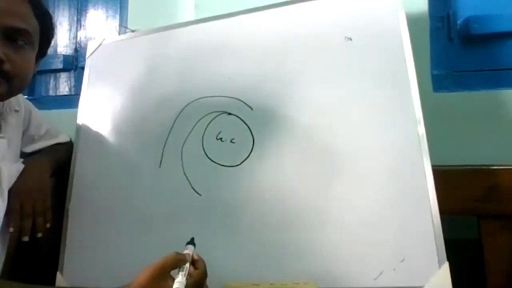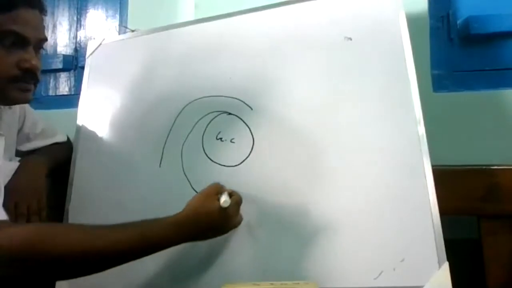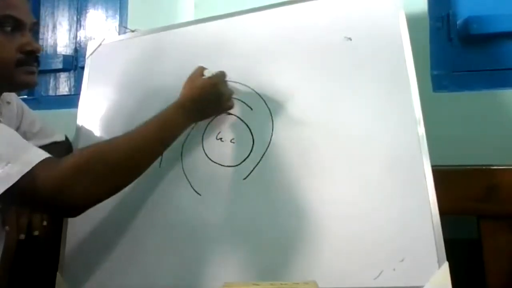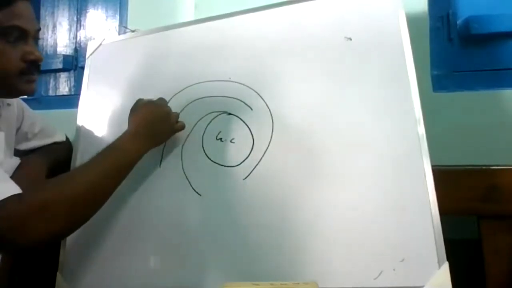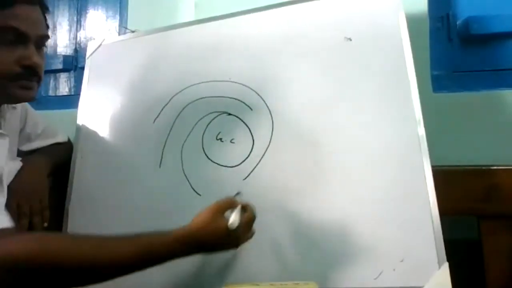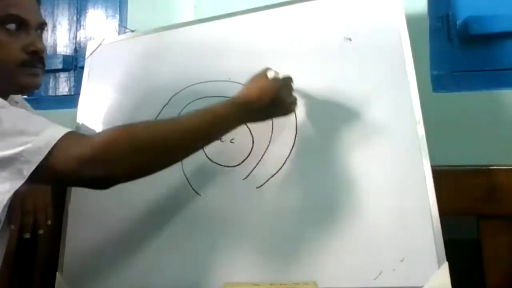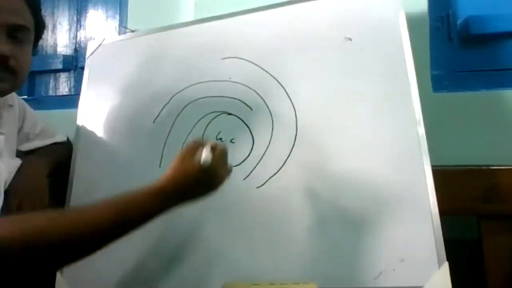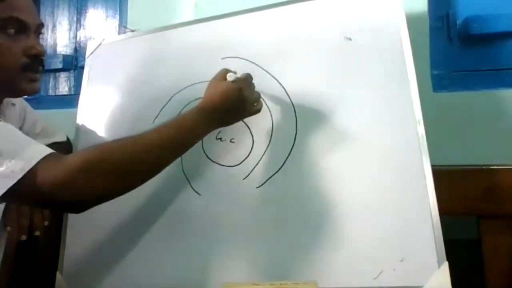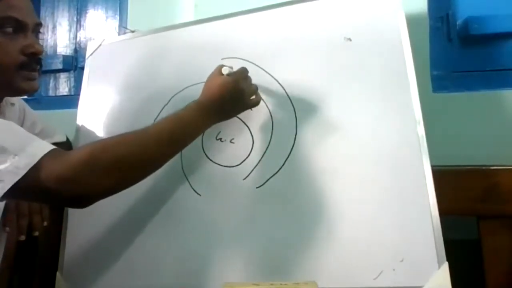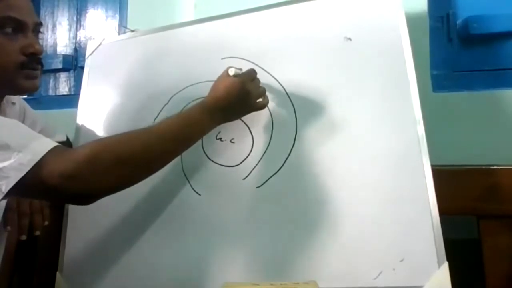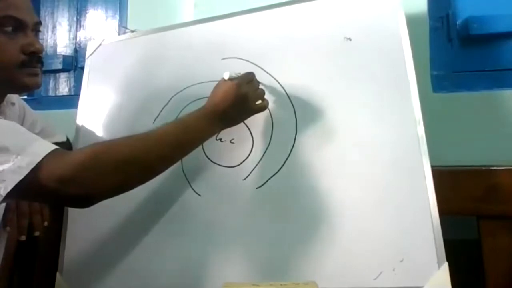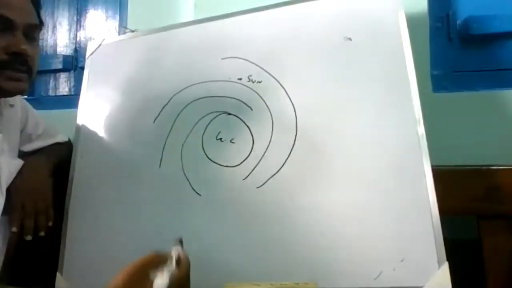Second arm. Third arm. Fourth. Our sun is there, this is the sun. This is the galactic center.